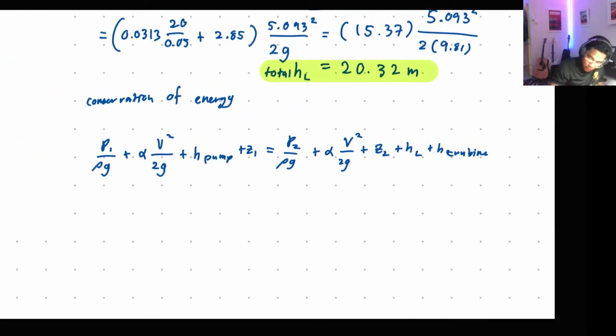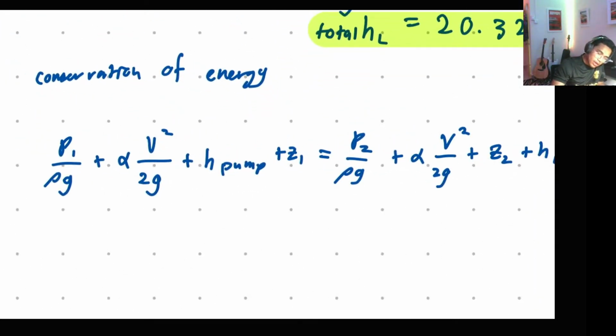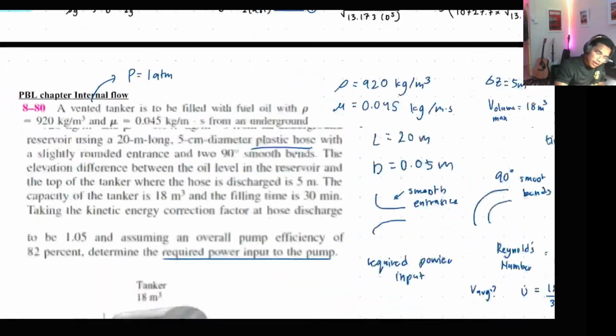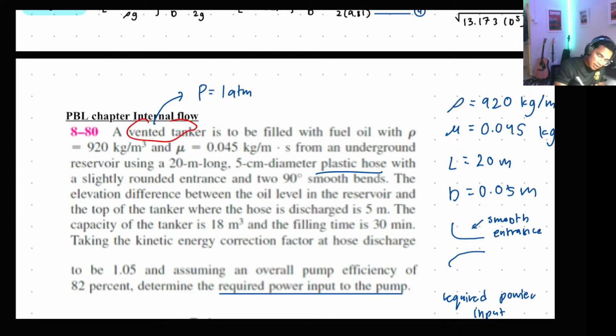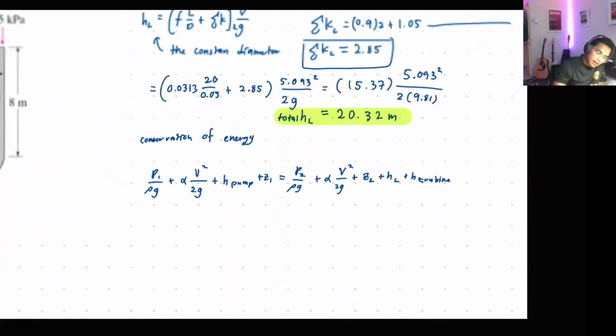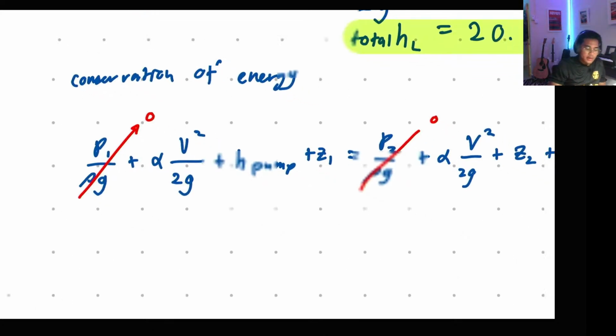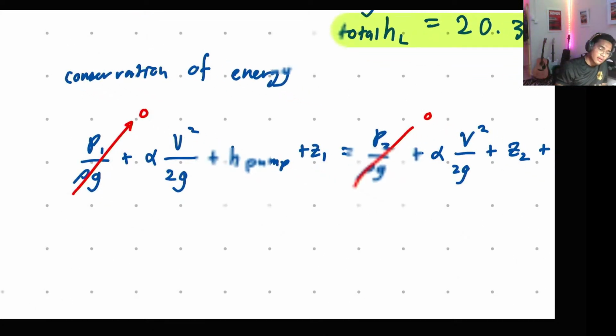Okay, now we want to cancel out. Okay, so as we see here, it is a vented tank. It means that the P1 is equal to P2. So there would be no difference in the pressure.